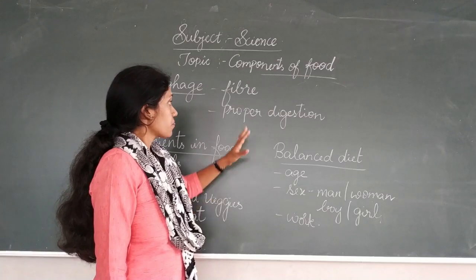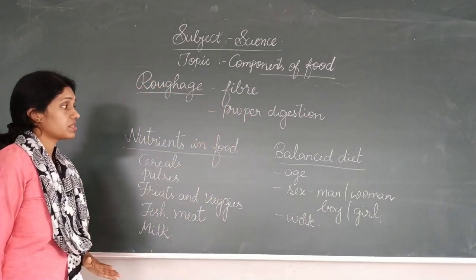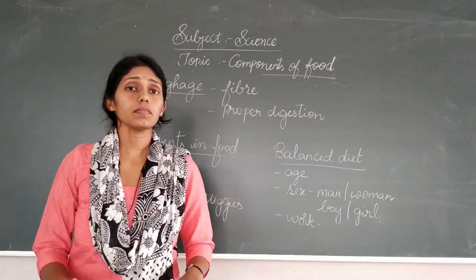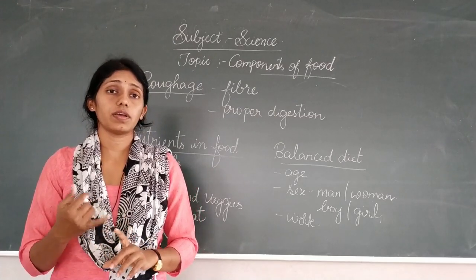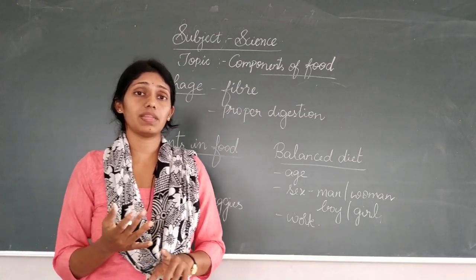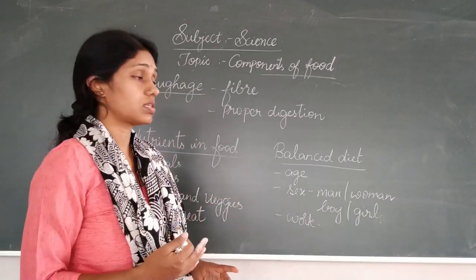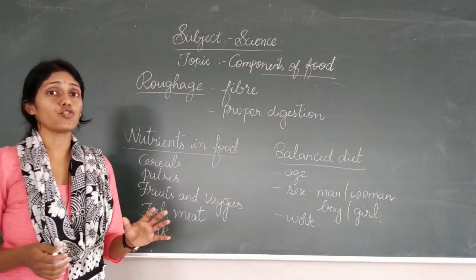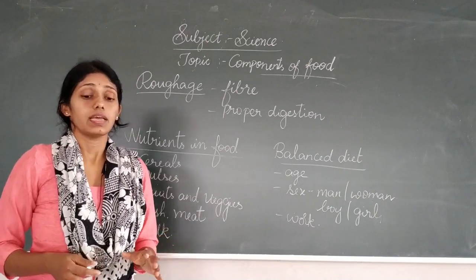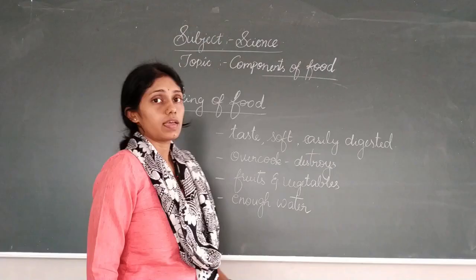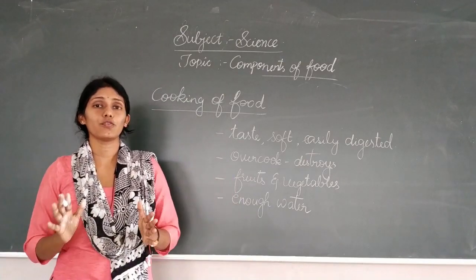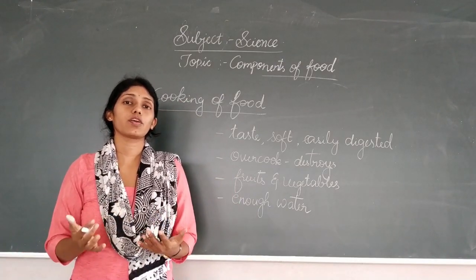So children, today we studied about the proteins, the test for proteins, the minerals, roughage, water, balanced diet and nutrients in food, right? Next is cooking of food. Now, cooking of food. What do you mean by cooking of food?